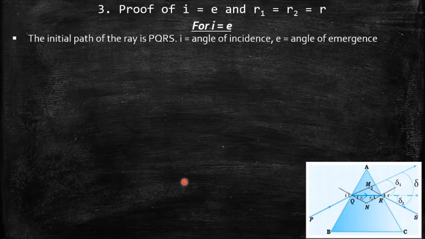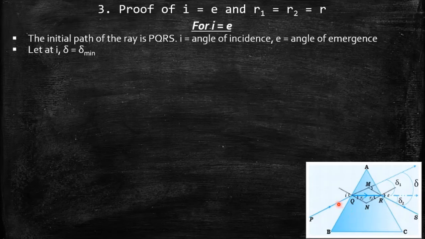Well, I know for a fact that for the initial path of the ray P, Q, R and S, I have I as the angle of incidence and E over here as the angle of emergence, right? And at that particular value of I, my delta is delta minimum. All right. So what am I doing?